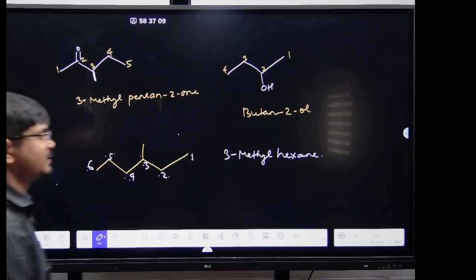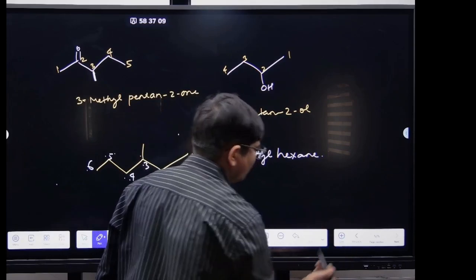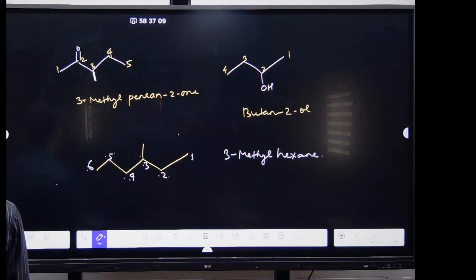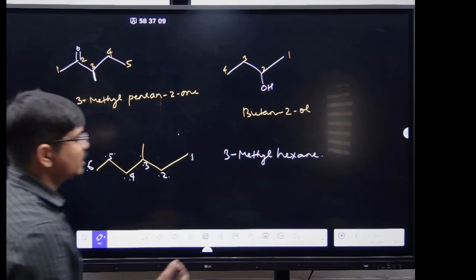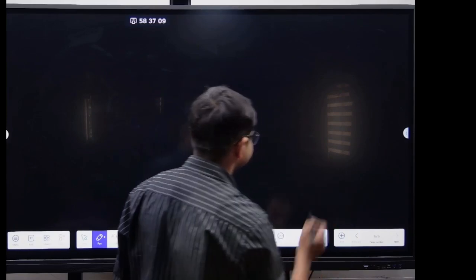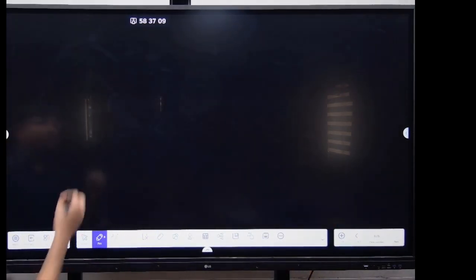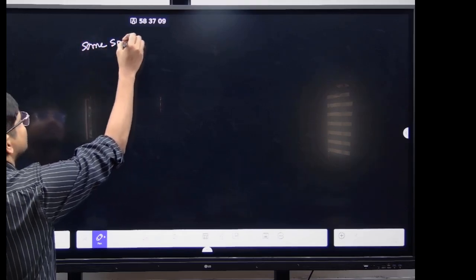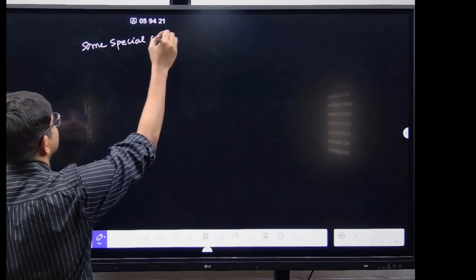Now let's go ahead. You know aldehyde ends with al, alcohol ends with ol. You have the anhydride, you have the ester. Now look here and understand another thing. Some special suffixes are used.